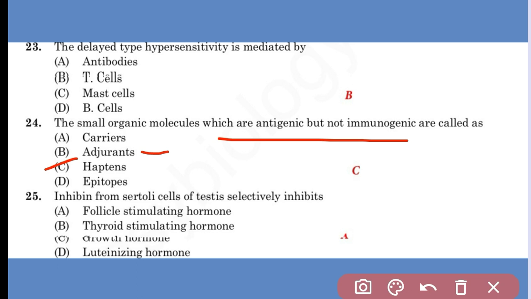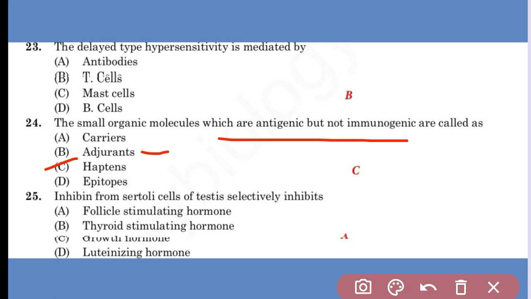Option D, epitope. An epitope or antigenic determinant is a group of amino acids or other chemical groups exposed on the surface of a molecule, frequently a protein, which can generate an antigenic response and binds antibody. Simply, an epitope is a small site on an antigen to which a complementary antibody may specifically bind.